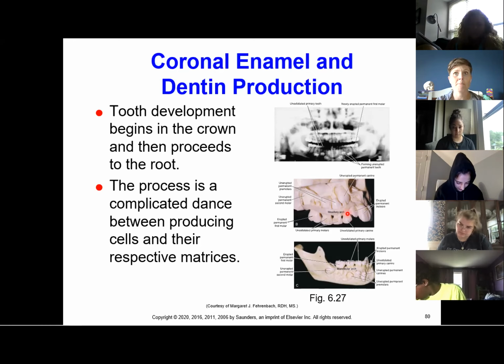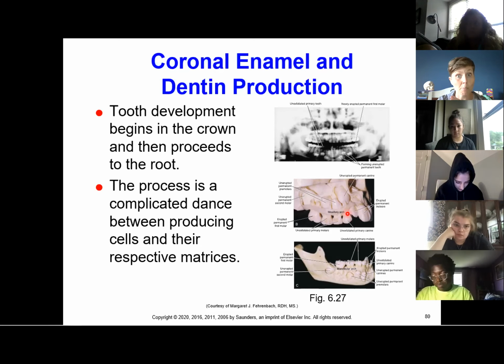If you're laying enamel and it starts at the cusp and then it grows into the root, but you are halfway through the development of a tooth and you spike a really high fever, sometimes that can show in the middle of the way the enamel is laid.